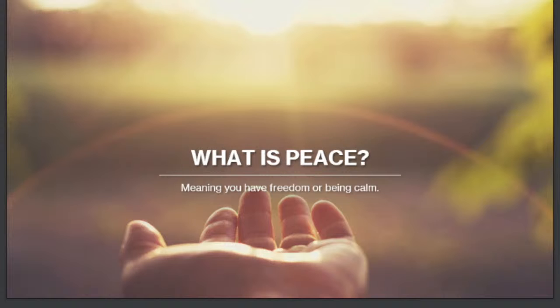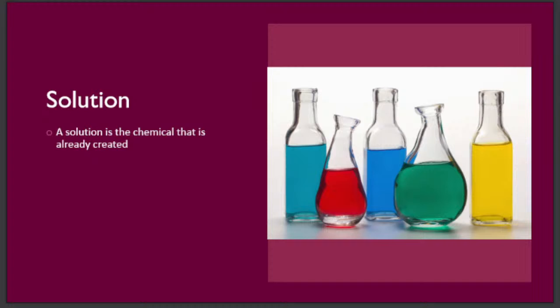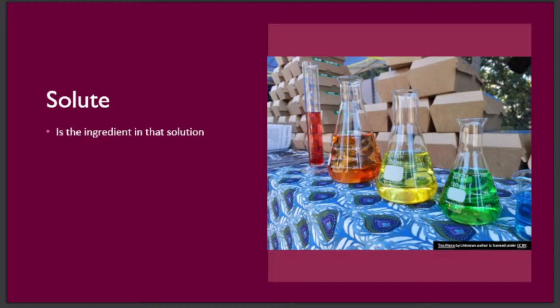Now, moving on with our lesson. What is a solution? A solution is the chemical that is already created, for example, salt water or carbon dioxide. Next, a solute. A solute is the ingredient in that solution. It's the main ingredient inside it.